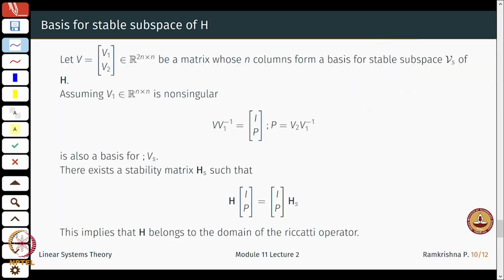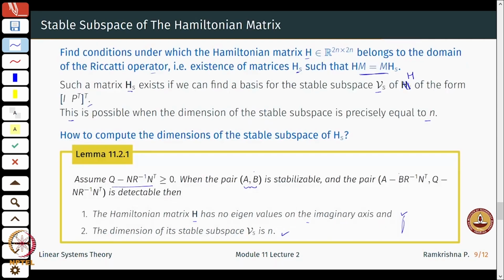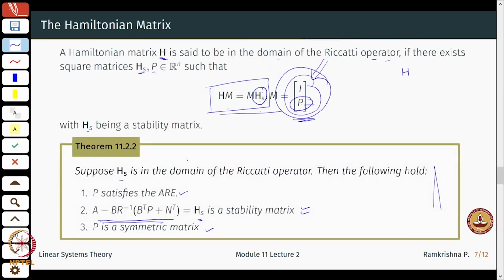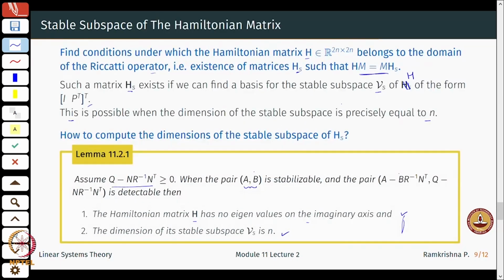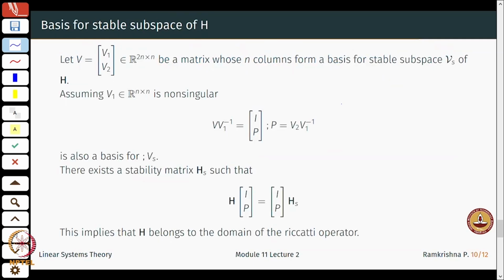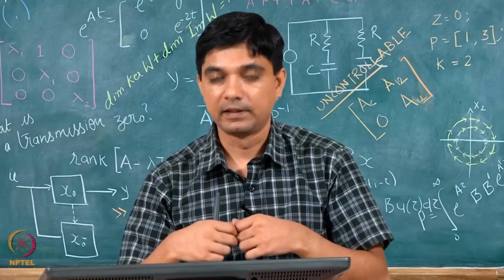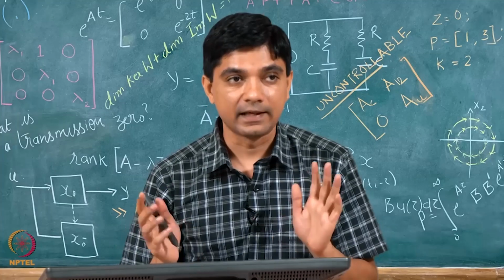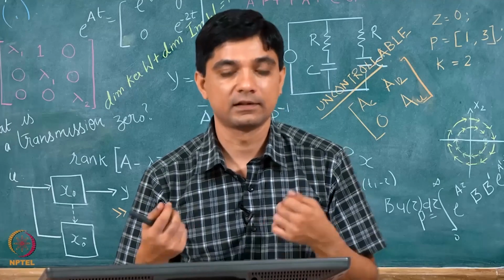Now, how do I find the basis for the stable subspace of H? My eventual idea is to find what this P looks like. I know that the dimension of Vs, the stable subspace of H, is n.